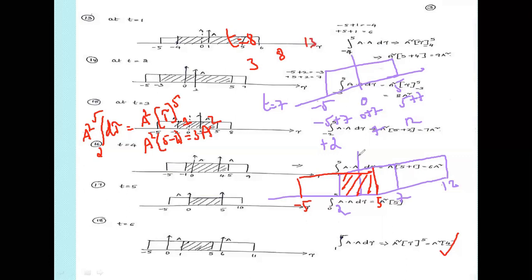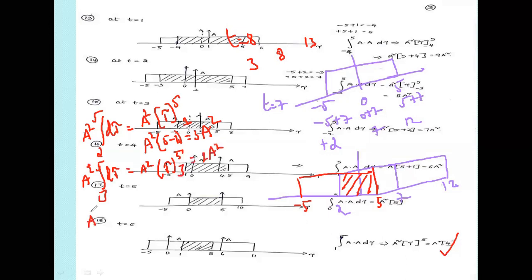So it still moves towards the right side. The range is now 3 to 5, so the integral of a square d tau from 3 to 5 is a square into tau, 5 minus 3, which is 2a square.